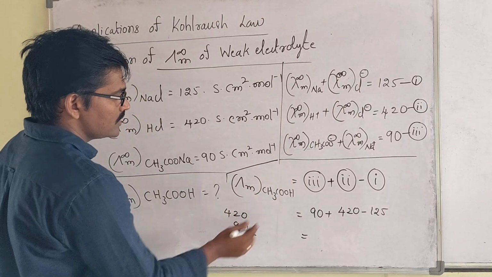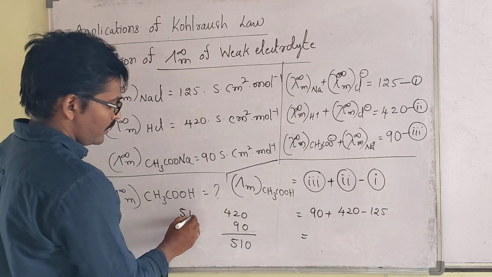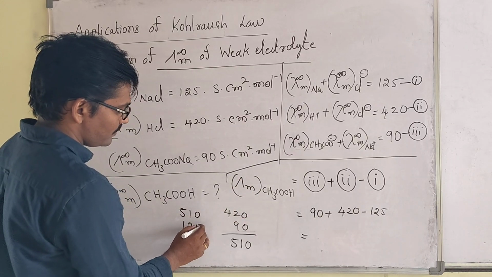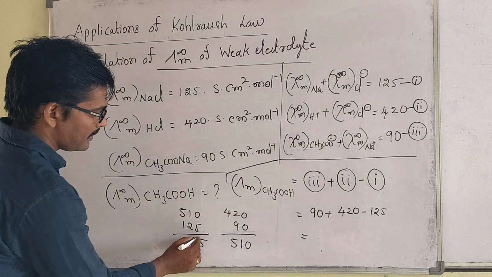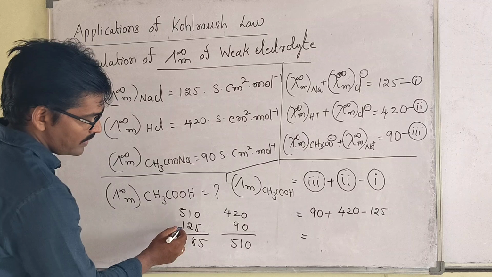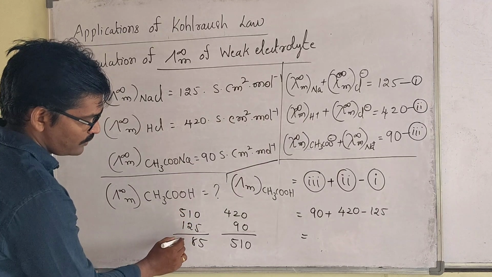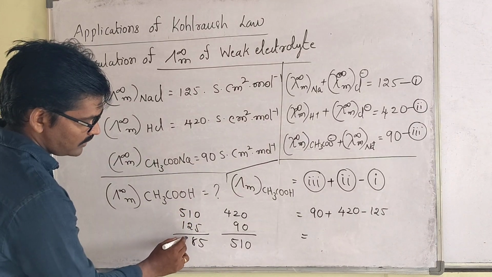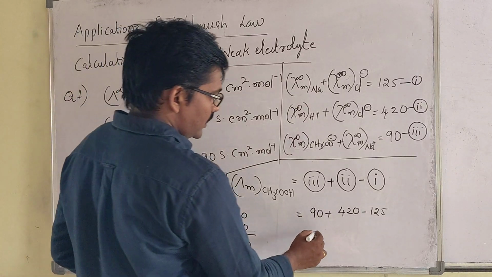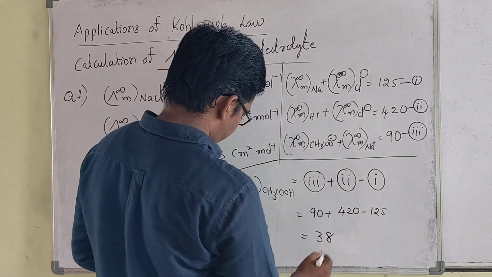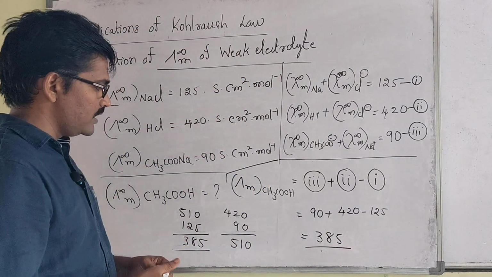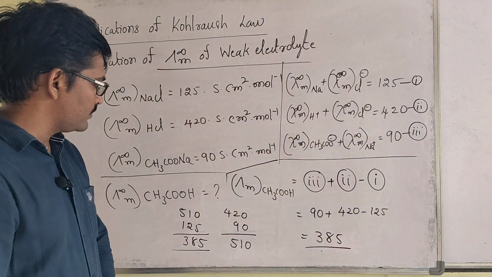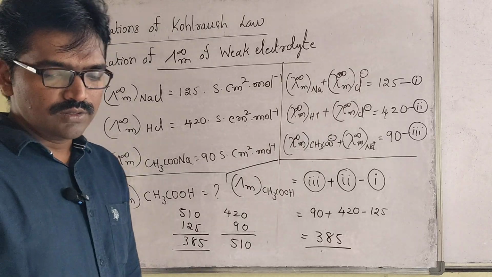From 510, if we subtract 125, we get 385. 385 is the answer for this. Clear, my dear students? So note it.